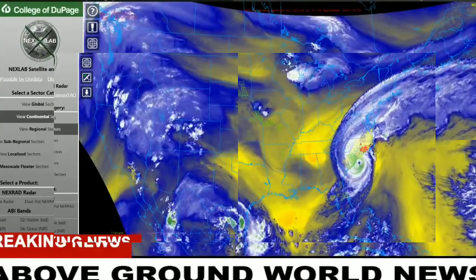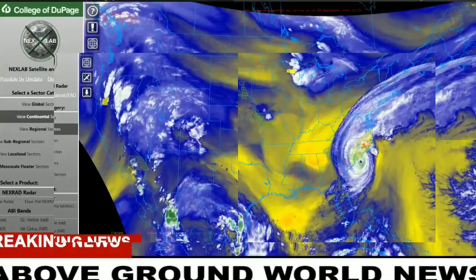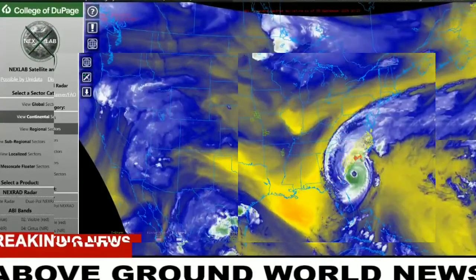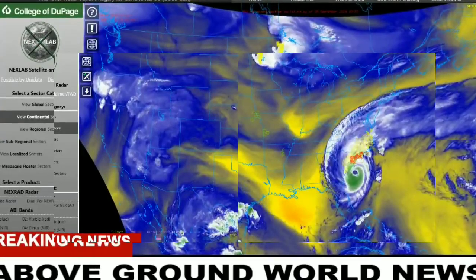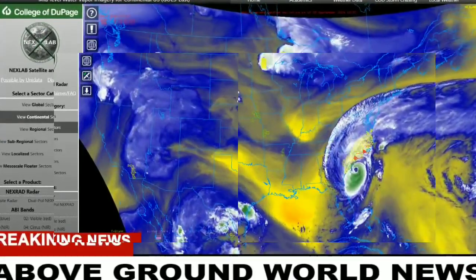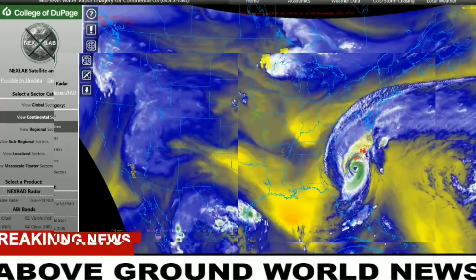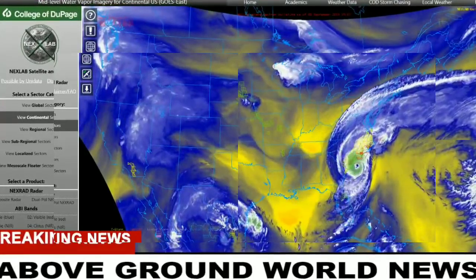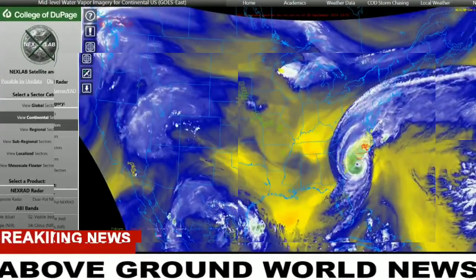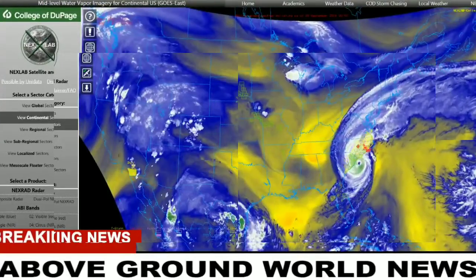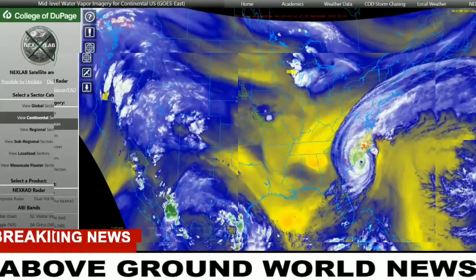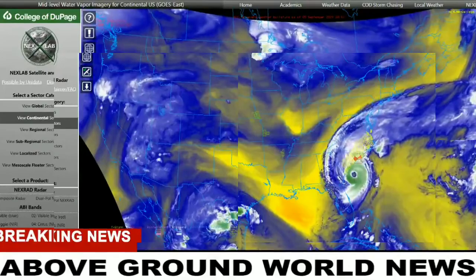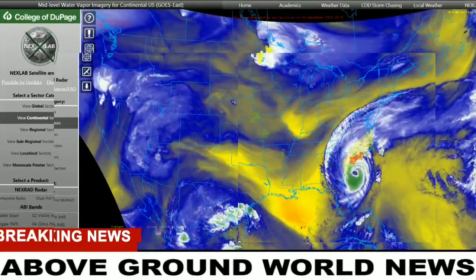Once you increase that difference between the inner band and the outer band, the storm goes to your right, to the east. So you can actually manipulate the direction of the hurricane and the speed by how much difference is between those two electrical charges of lightning.